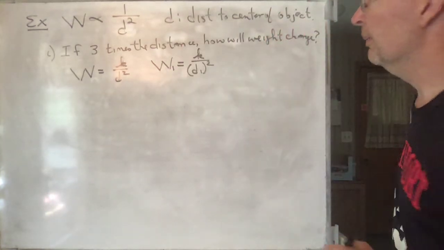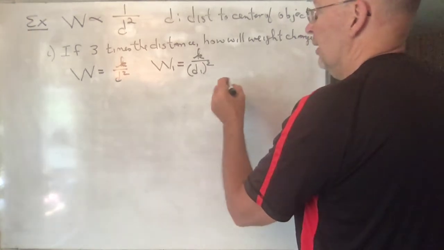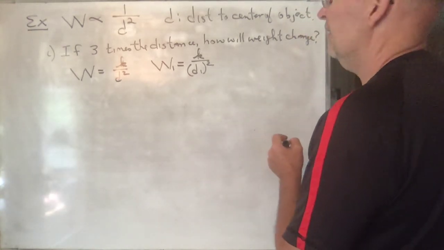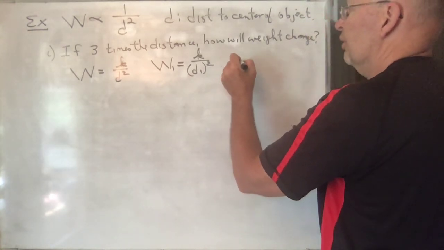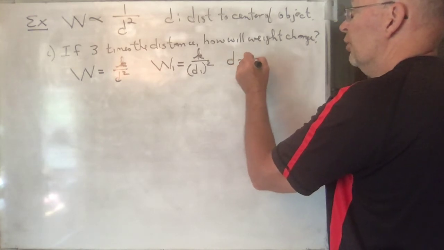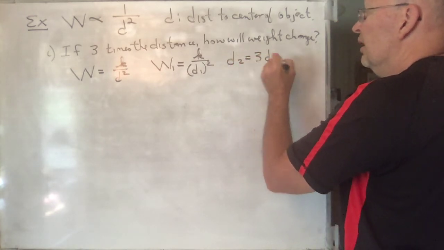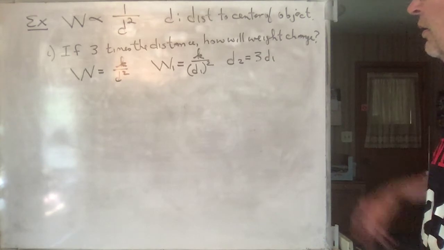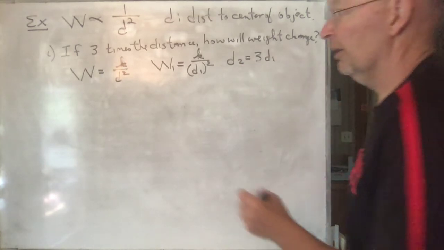So that's true. And now, what do we have? We're going to have 3 times the distance. So now your d2 is going to be 3 times d1.